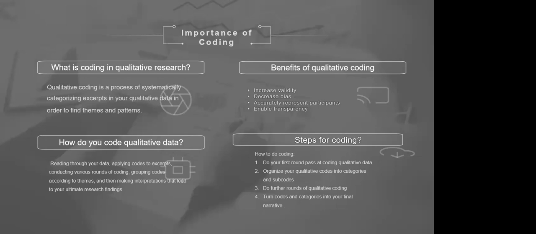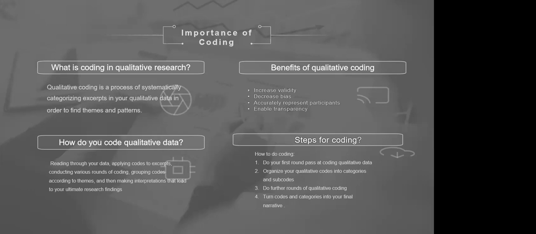And of course, they accurately represent the participants because they use the participants' own words. And as we've said, in narrative analysis, you can always rephrase the participants' words and maybe make a summary, and then they enable transparency. So that is the benefit of qualitative coding.